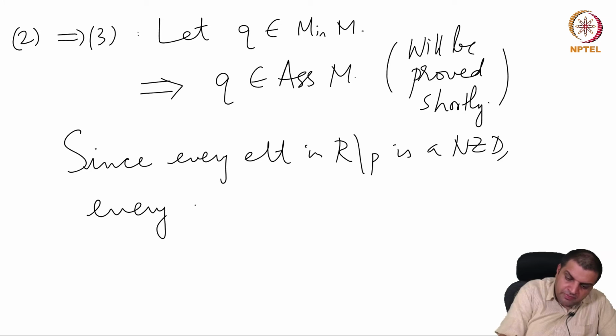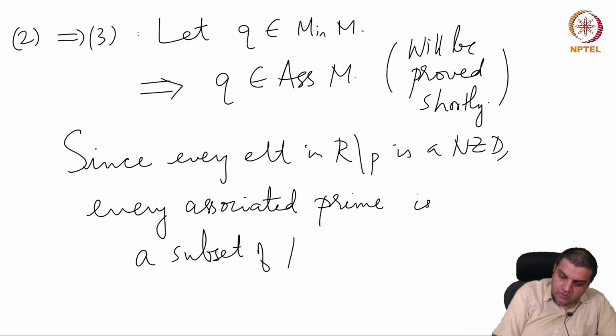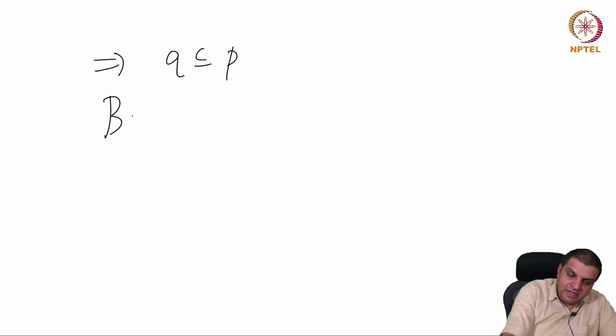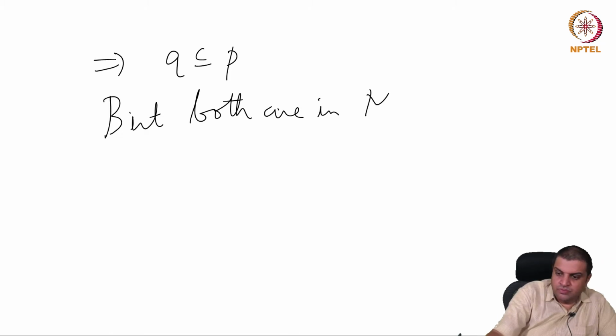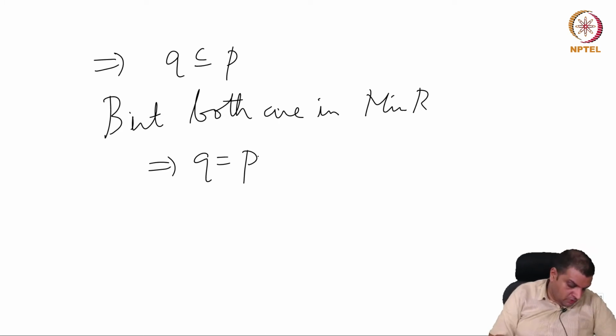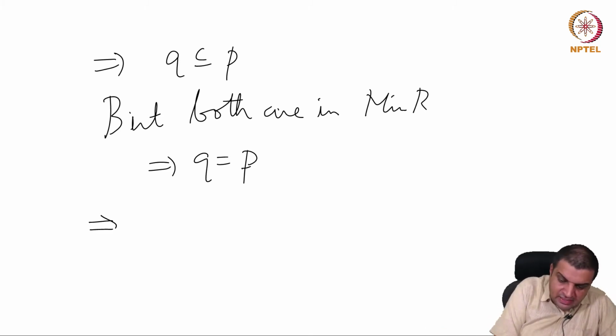Every associated prime is a subset of P. In other words, Q is a subset of P, but both are in Min R, which means that Q is equal to P. So that's what we have.